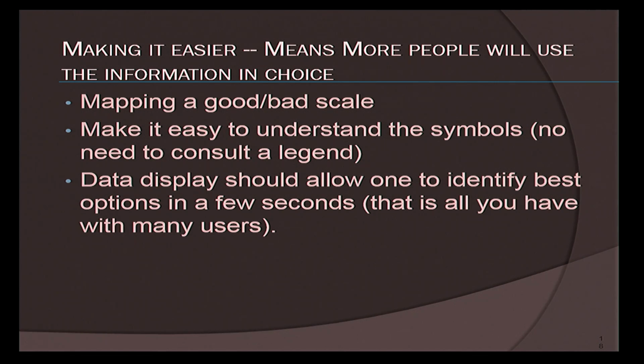What the word icons do is they kind of map a good-bad scale onto information. It's a symbol that has a shape and a color, and it has a word embedded in it. So you don't have to keep information in your mind as you consult a legend.